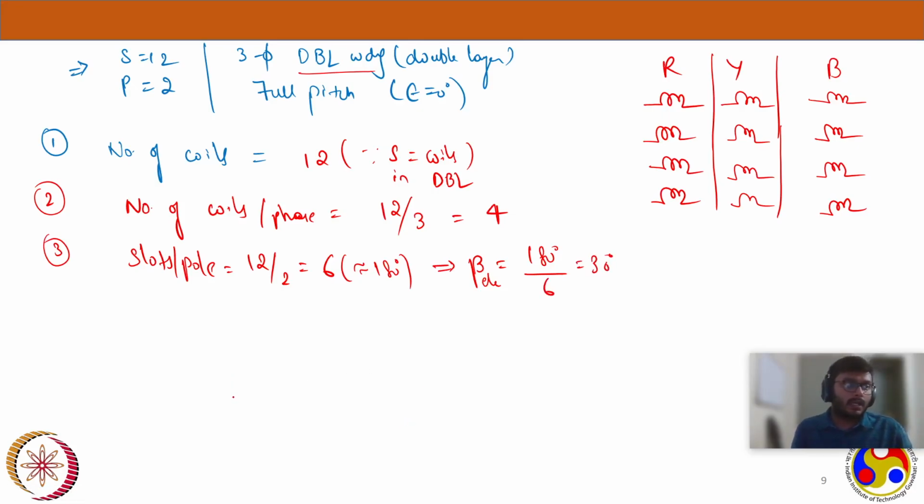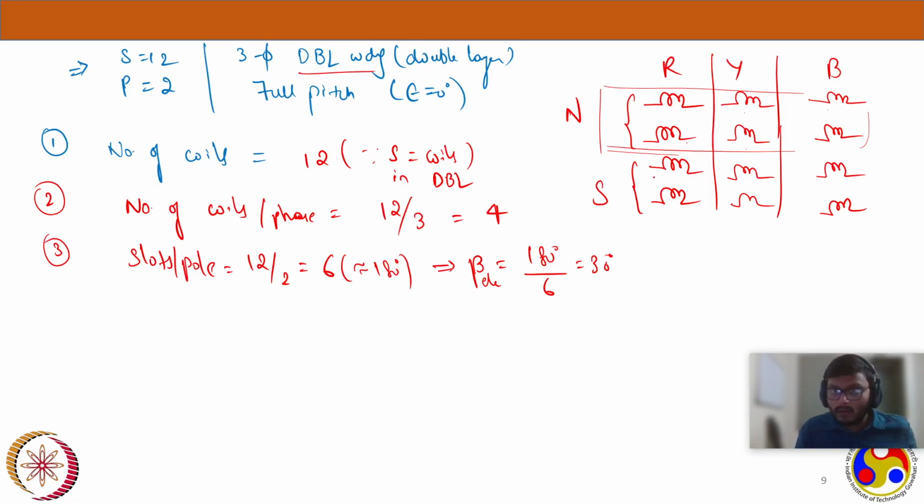Now I have said that for each north pole, I have given 6 slots. So within that I will divide it. Now north and south. Under North Pole, how many coils are there? 1, 2, 3, 4, 5, 6.